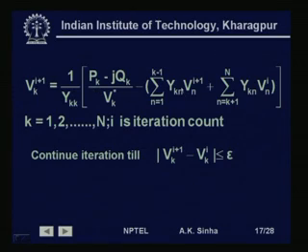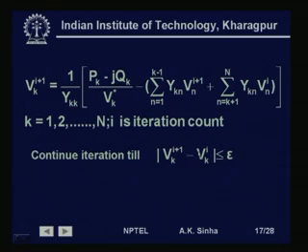So, what we do is we keep working on this, replacing the older values by the new values and compute it for all the buses, that is for k equal to 1 to n, and we do this till for all the buses k, the mod value of Vk at I plus 1 minus Vk at I, that is the magnitude of this, is less than some tolerance value that we have specified.